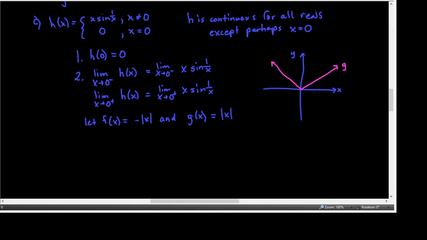And f of x would be this one, just the g of x graph reflected over the x-axis. And then I want you to graph the h function, the part that we're worried about, the part where x isn't 0. Graph x sine of 1 over x. And what that's going to look like is something like, looks sort of like this.